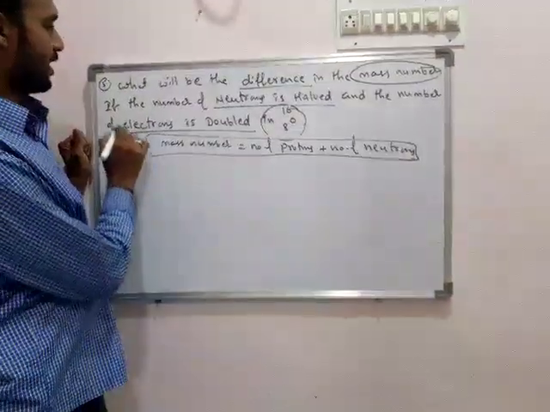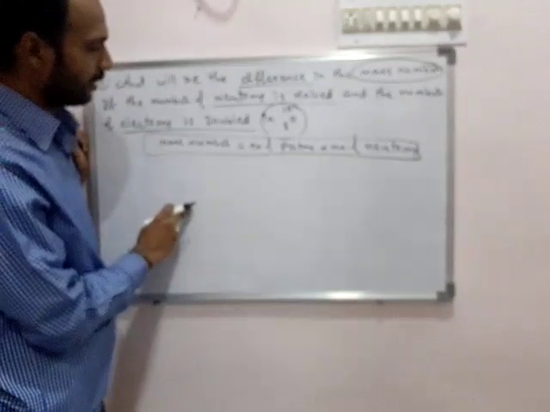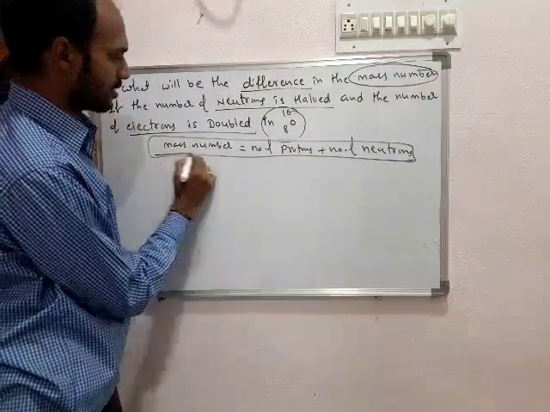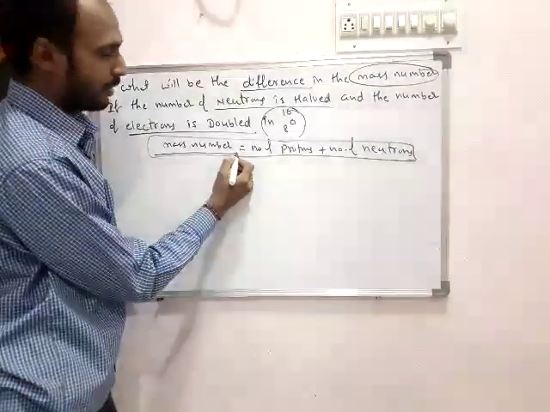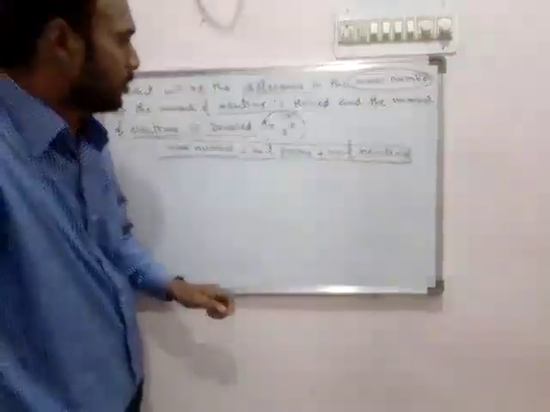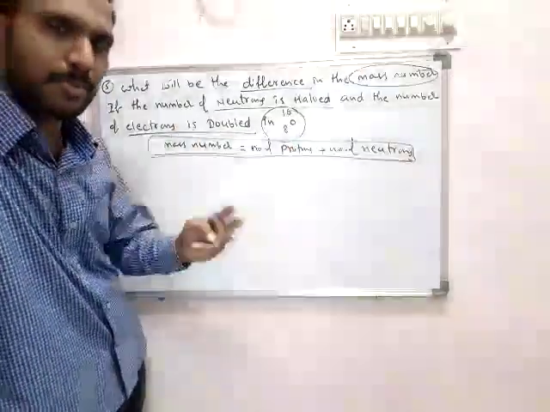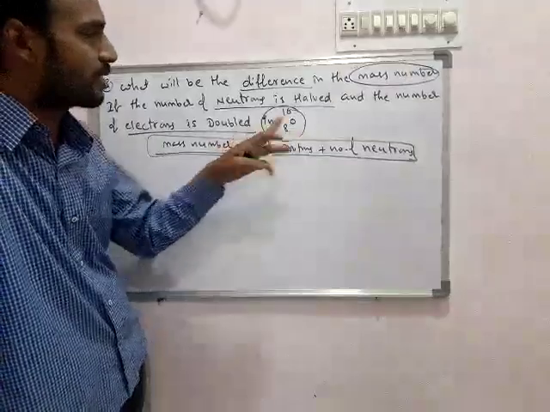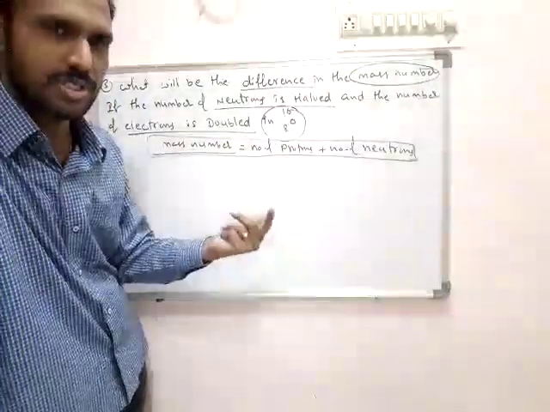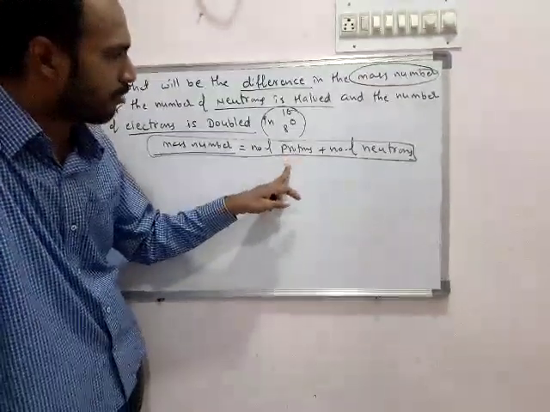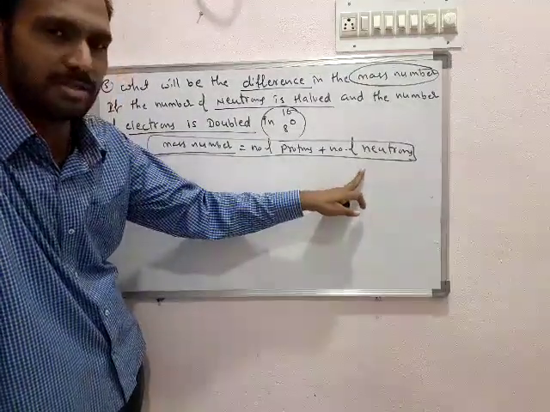The number of electrons are doubled, but we are not at all considering the mass of electrons in the mass number. When the total mass number is calculated, we are not at all considering the mass of electrons. So if the number of electrons is doubled, tripled, or removed, there is no change in the mass number. It depends only on the number of protons and the number of neutrons.